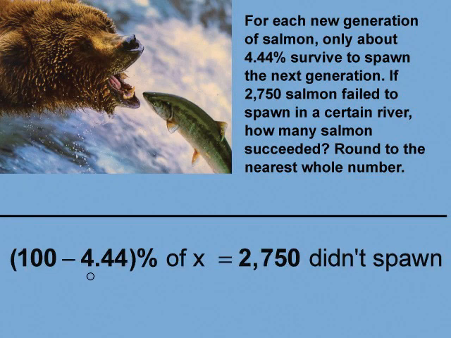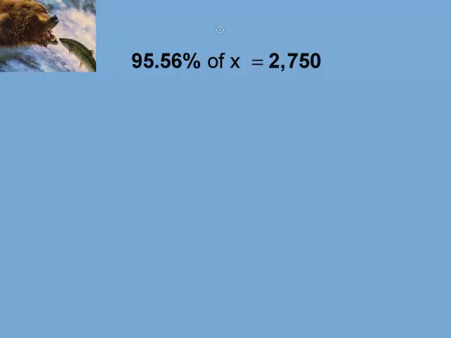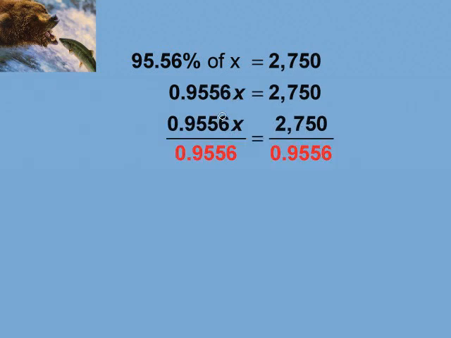100 minus 4.44% of x equals 2,750 salmon that didn't spawn. This becomes 95.56% of x equals 2,750. Solve for x. Divide both sides by 0.9556, as shown here.